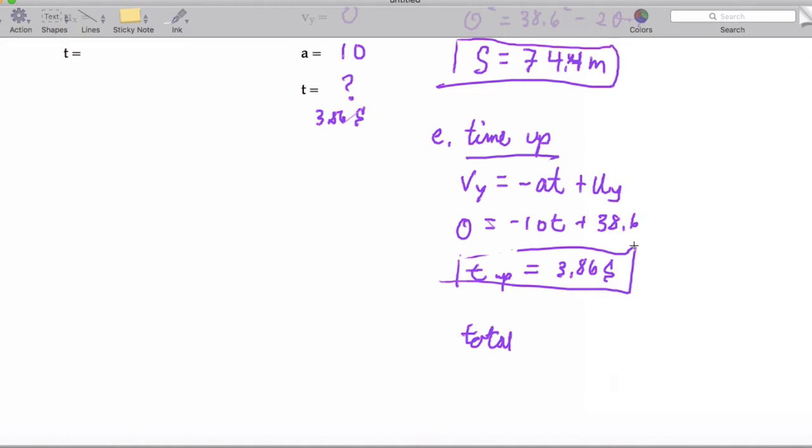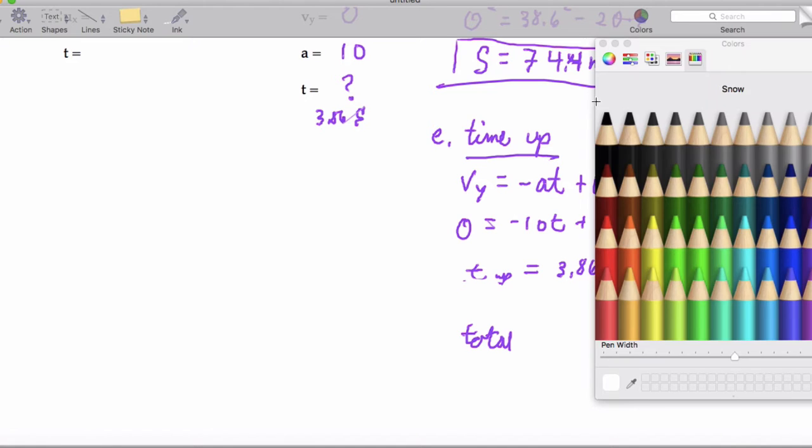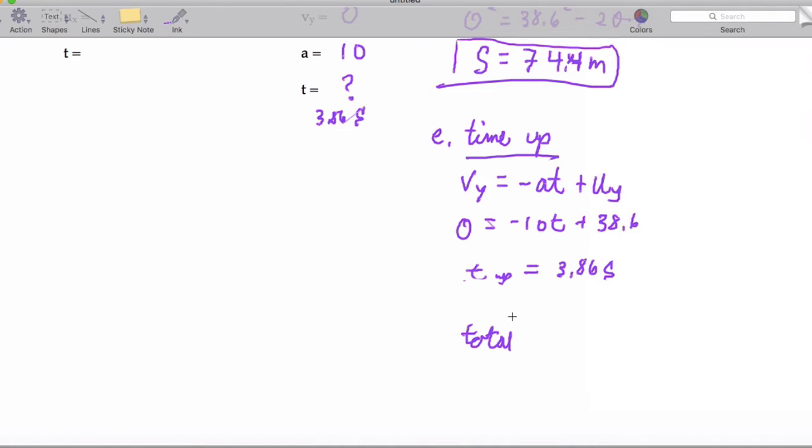Try to be careful about this. There we go. So that's just the time up. But the total time is going to be double that, so it's 2 times the up time, which is 2 times 3.86.